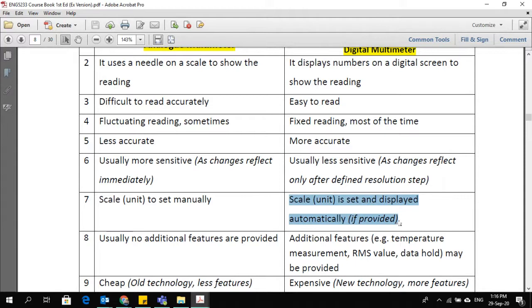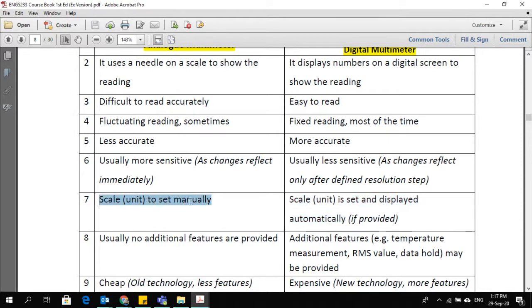So you are actually manually selecting ohms on that selector switch. But if your resistance is in kilo ohms, more than 1 kilo ohm, you need to change the selector position. So in some digital meters, you have to select the scale manually by the selector switch. But some digital meters provide this feature automatically, so you don't have to set the unit or the scale. The meter does it automatically. You just connect the resistor with the meter, and it will show you the number and the unit as well, either ohm or kilo ohm.